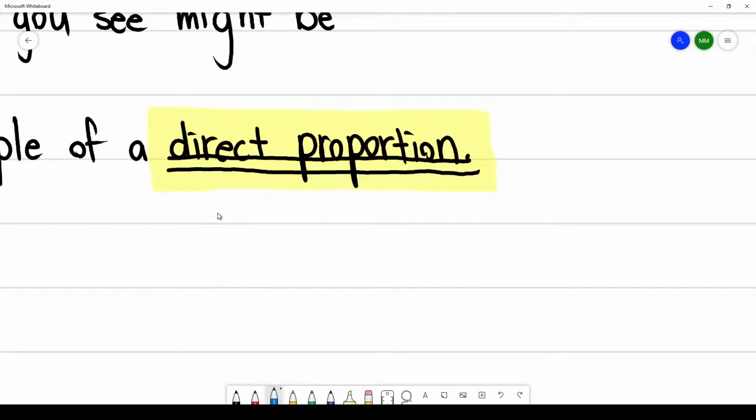So for direct proportion, for the quotient. Does anyone know what a quotient means?